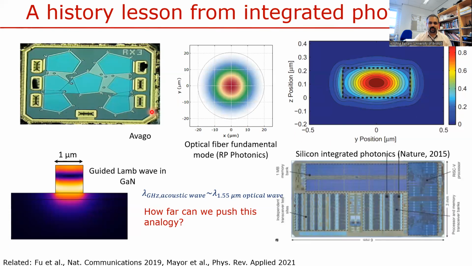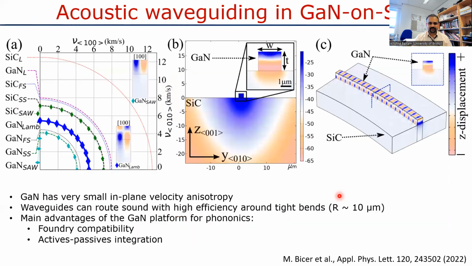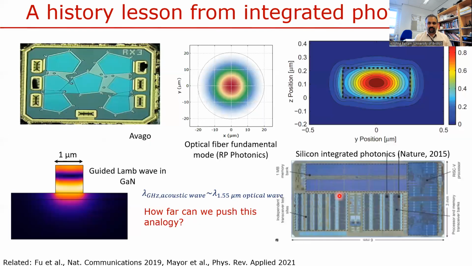Then strong geometrical confinement has to play a role. Taking these traditional FBAR-like filters, can we do waveguide equivalents of them? How far can these analogies be pushed, and how far can you go along these lines?